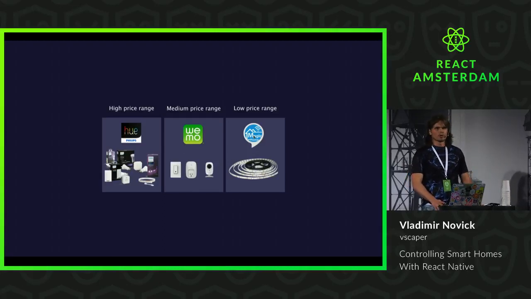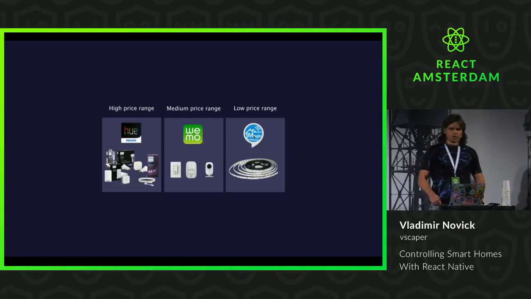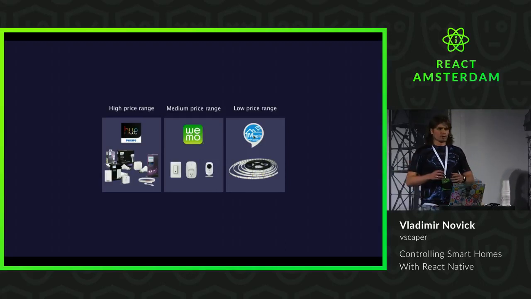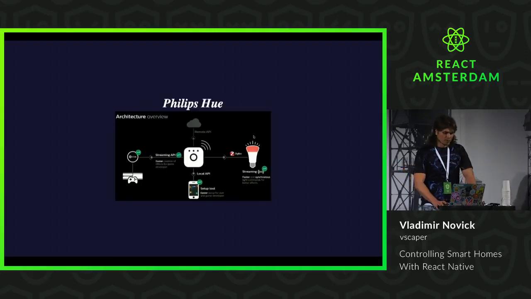You can buy from Chinese suppliers, and it has an app. Sometimes it controls lights, sometimes it doesn't. Who knows? But yeah, you can. It's a cheaper one, right? So probably if you want to put a light bulb inside your kid's toy or something like that, you won't put the Philips Hue, which is high range. You would buy a replaceable one or something like that.